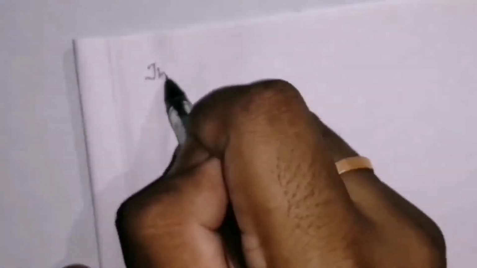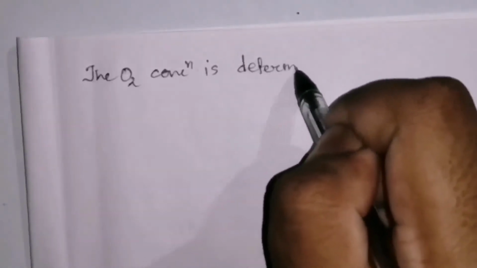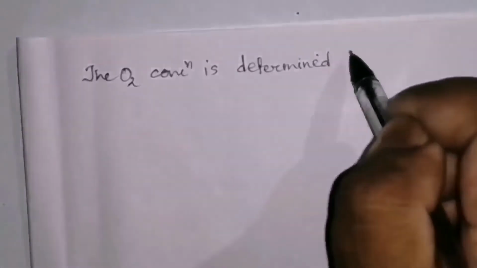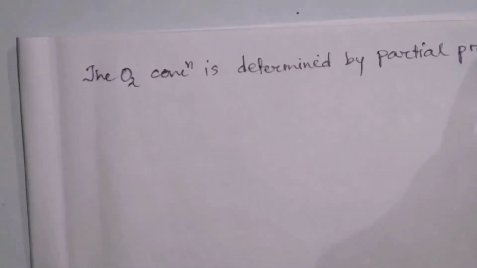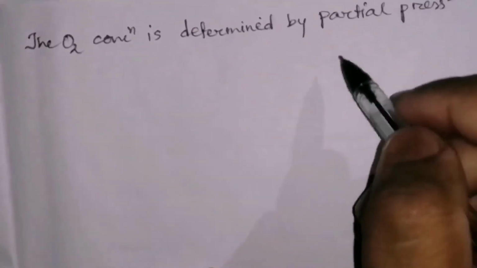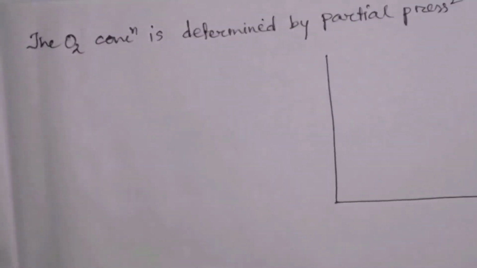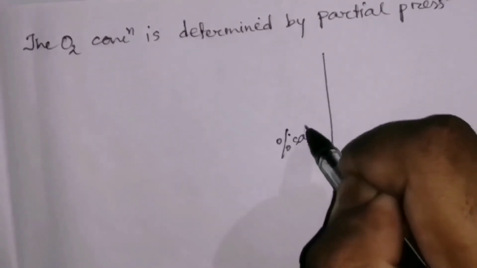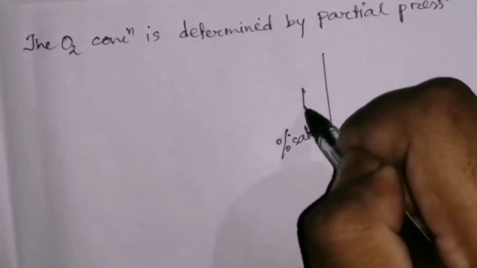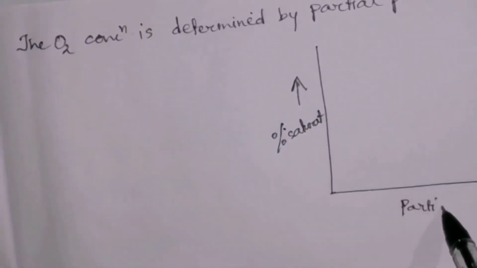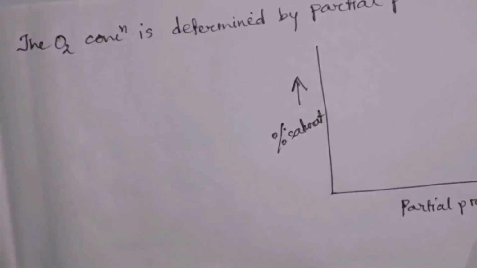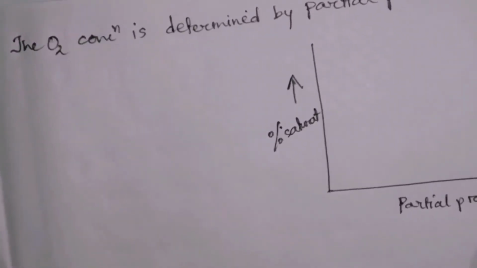And the oxygen concentration is determined by partial pressure. So the plot is generally, you can say, percentage saturation plotted along the abscissa and partial pressure taken in the ordinate.